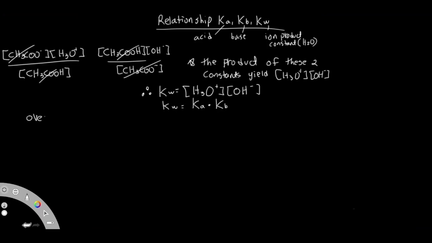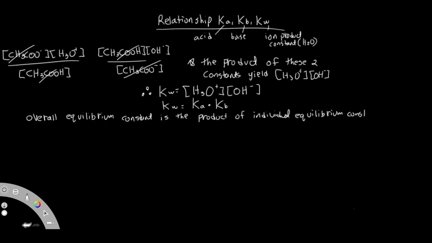The overall equilibrium constant is the product of individual equilibrium constants, and now I'm going to take it from a different angle over here, because this can actually be shown with a sum of two or more reactions.